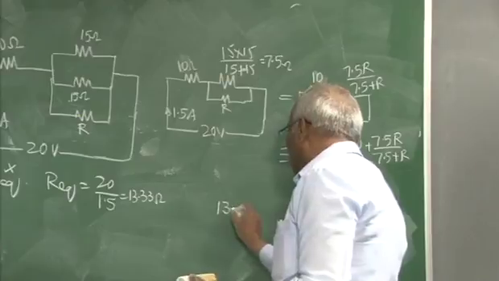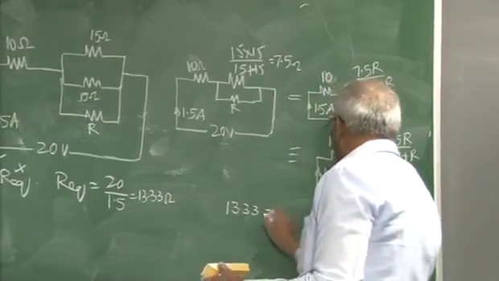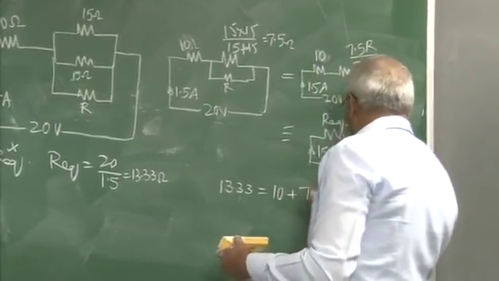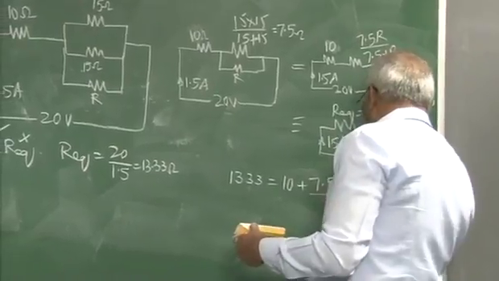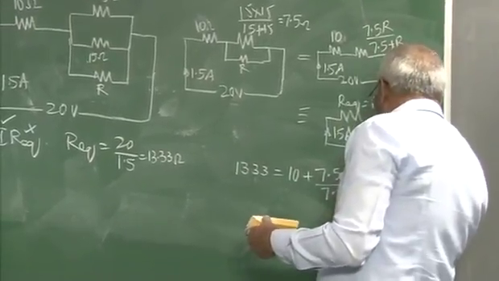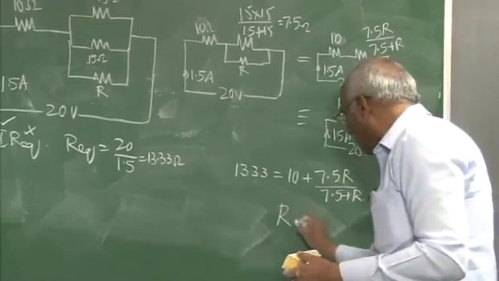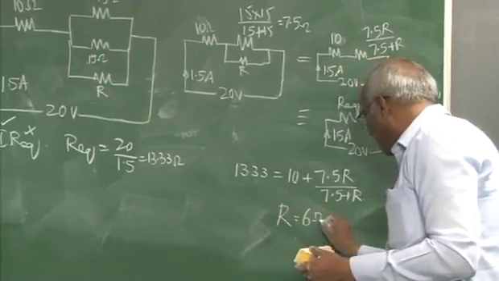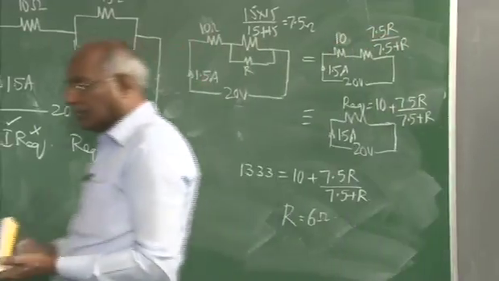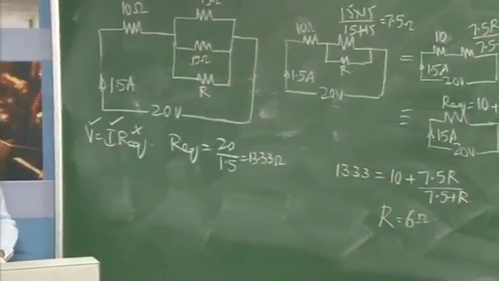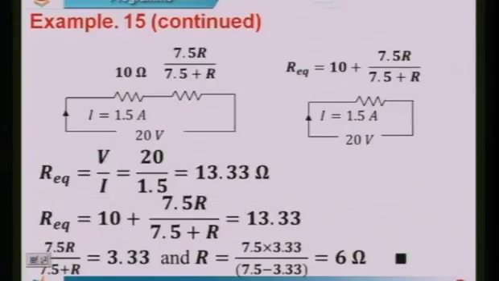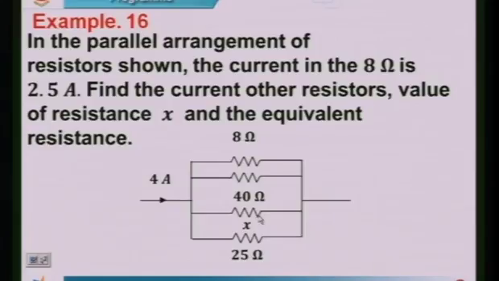In that respect, 13.33 is equal to 10 plus 7.5 R divided by 7.5 plus R. On simplification, R will work out to be 6 ohm. So, that is this. Think of one more example.